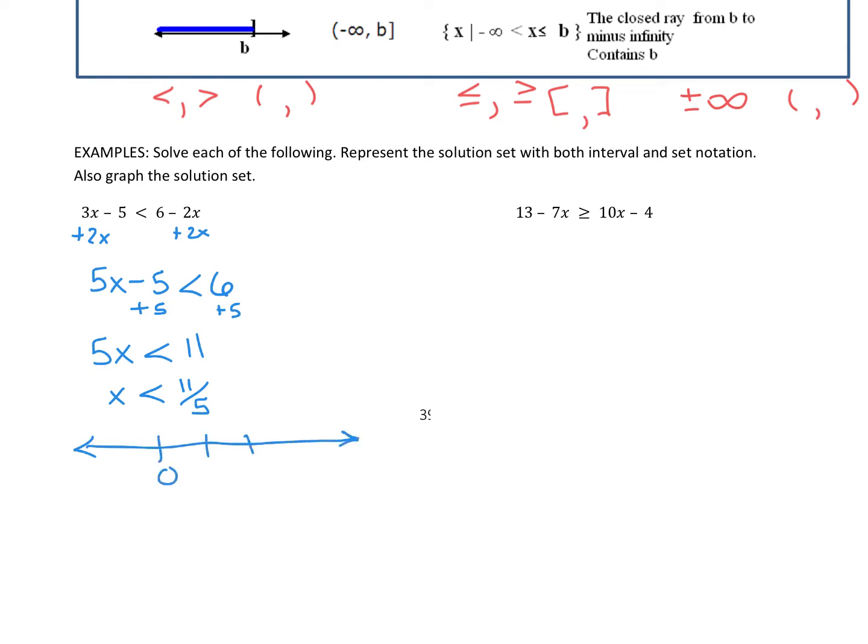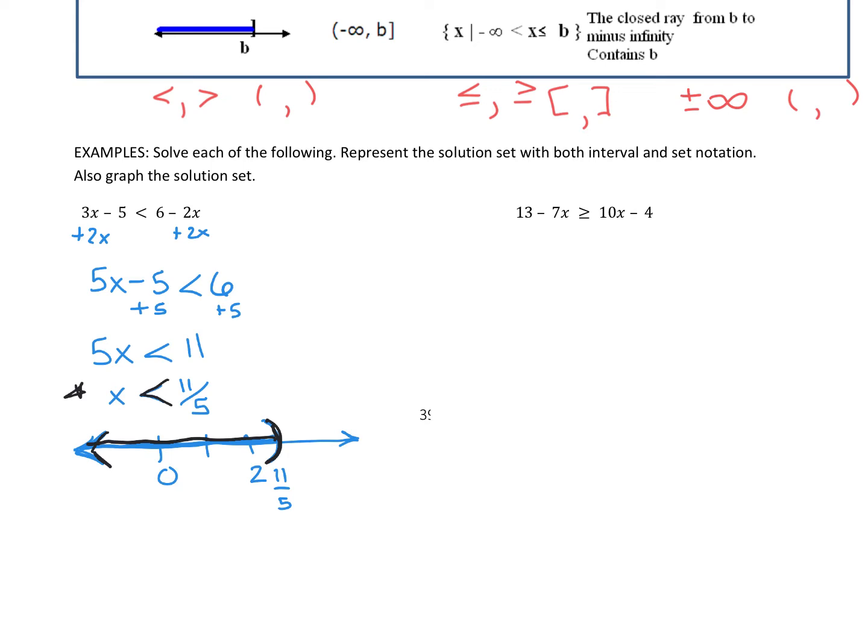Okay, so on the graph, 11/5 is slightly more than 2, and this is a less than symbol. So we're going to have this at 11/5, and we're going to shade to the left. Just a side note, if you always have your x on the left side of your inequality, then the direction of this arrow will tell you which direction to shade.